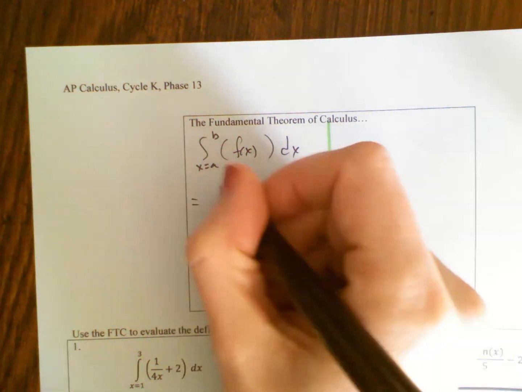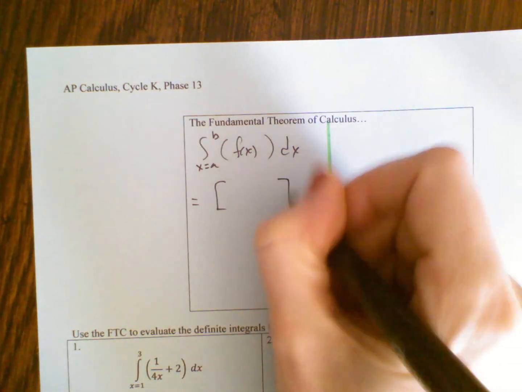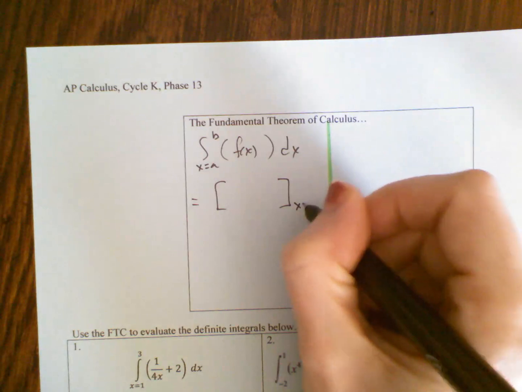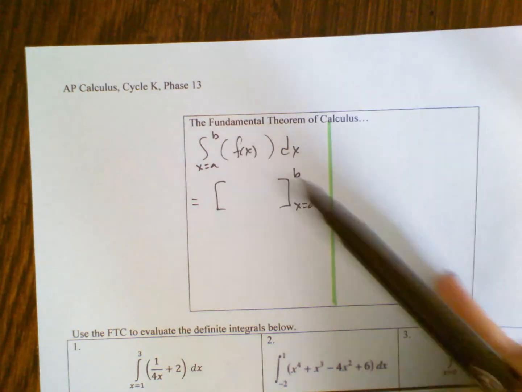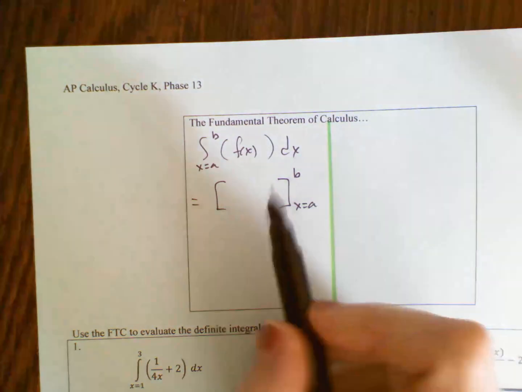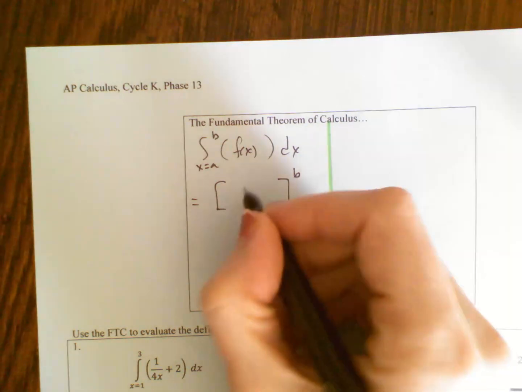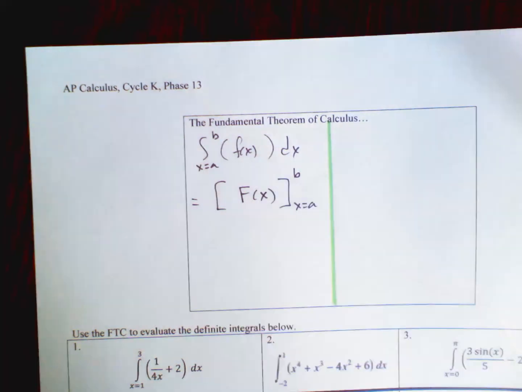So this is going to be equal to, now let's do brackets like this. At the end of the brackets, you just take the endpoints of the interval and you put them there. And now inside of here, you go like this.